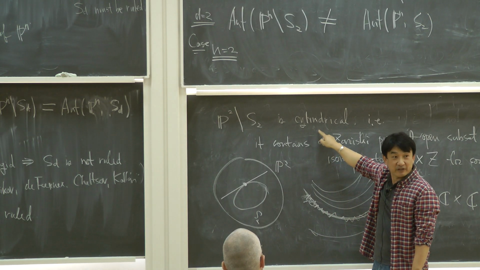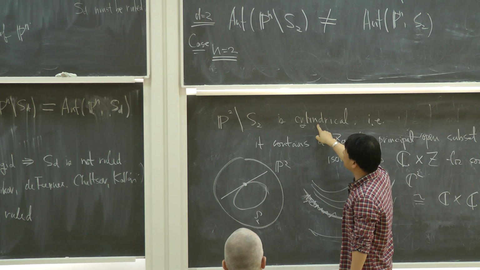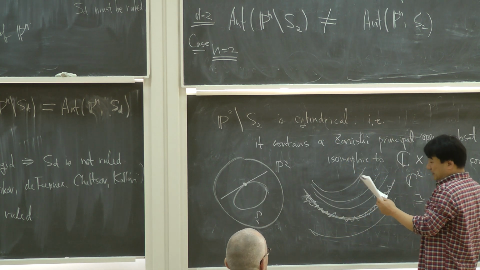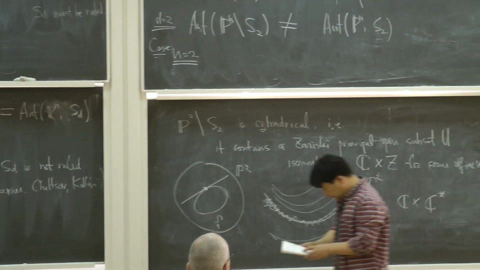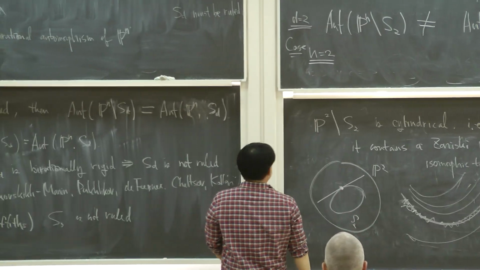By the way, this difference depends on the cylindrical things. If this is cylindrical, then we can say these two groups are different, right? So let me put a remark here.